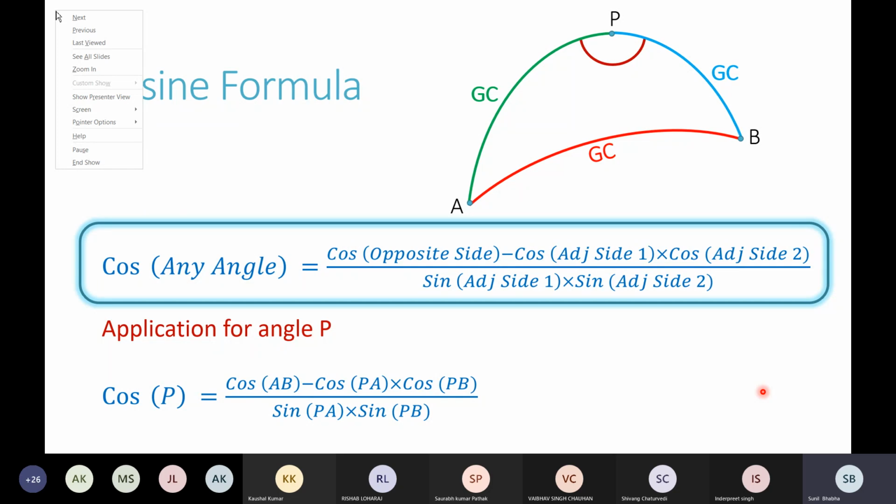So just note it down and let me know when you are done. Okay, sir. Okay, beta. So let's proceed ahead now. We will now see how this cosine formula is used.